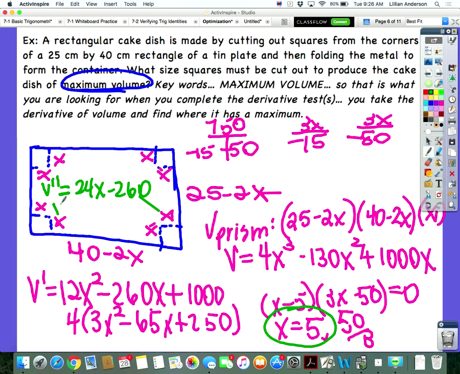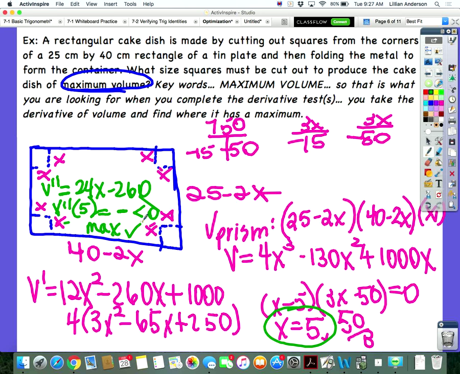So if I plug in 5, does that give me a positive number or a negative number? It's going to give me a negative number, which means that's less than 0. Which means by the second derivative test, if your value is less than 0, that means you have a max. So we're basically confirming that yes, we do indeed have a max because the second derivative is less than 0.